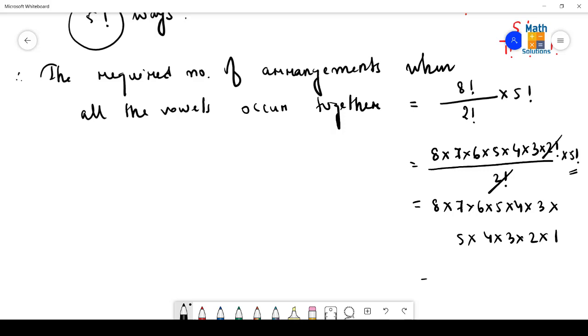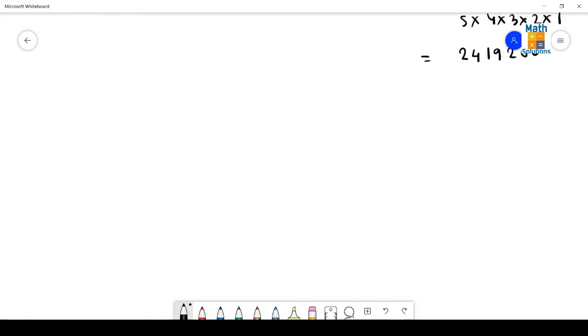After complete breaking, the result will come as 2419200. This is the complete calculation for this second question. This is the answer for the second question.